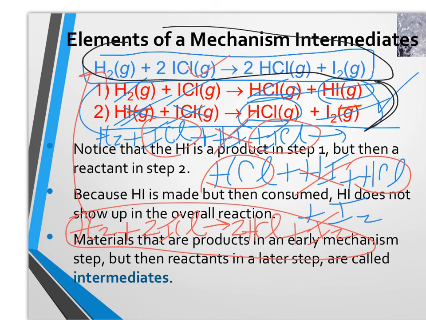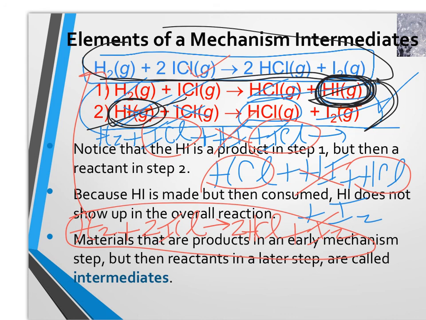So it looks like HI does not appear in the overall balanced reaction, and yet it's formed during the reaction and then it's used up in the next step. So when everything's simplified, they cross out. That makes HI an intermediate.